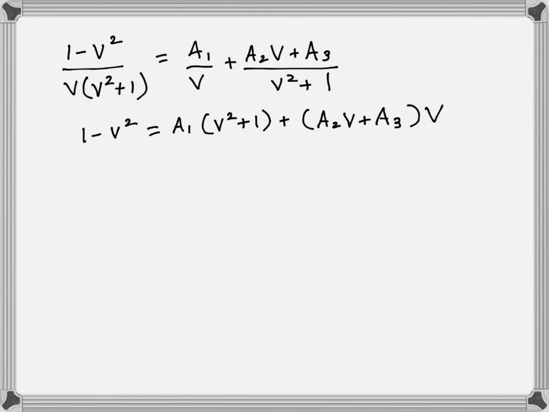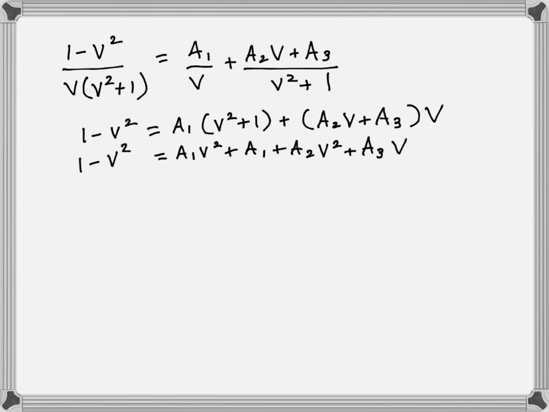Let me go ahead and distribute the terms here. We end up with a1 v squared plus a1 plus a2 v squared plus a3 v. And if 1 minus v squared is equal to this, we create our system of equations by equating like coefficients, or the coefficients of like terms on both sides.